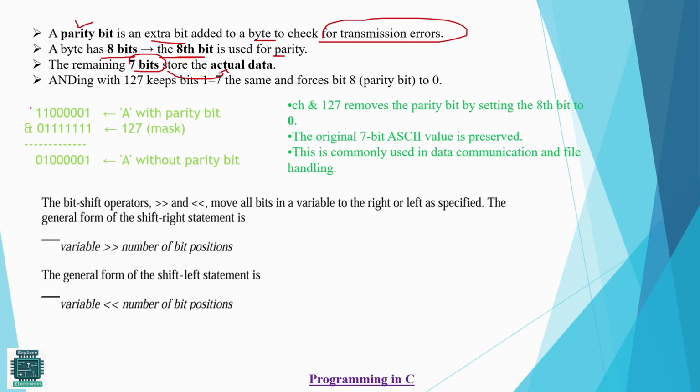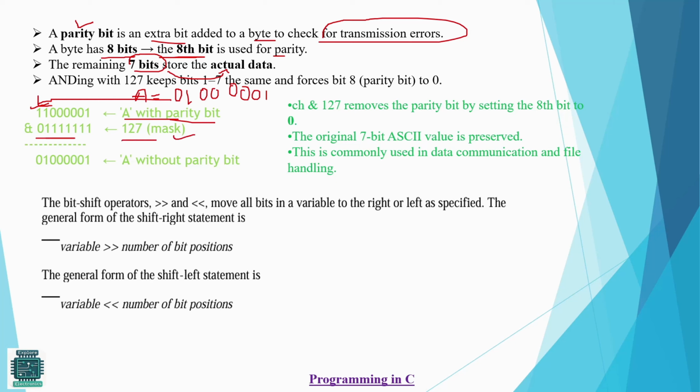Here, this is the A value with the parity bit. The original value of A here is, let me write, 0 1 0 0 0 0 0 1. This is the original value of A. As the parity bit is present, I'll write it as 1 in place of 0. That's why I have mentioned A with parity bit, and the 127 mask.